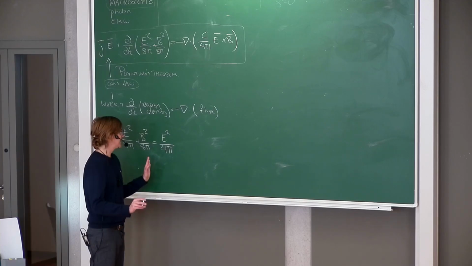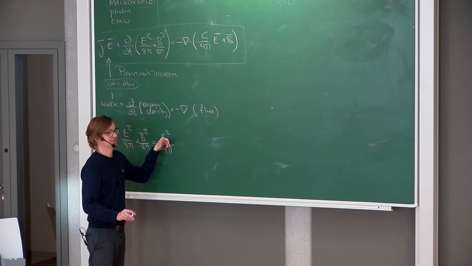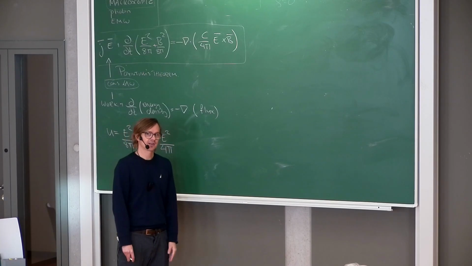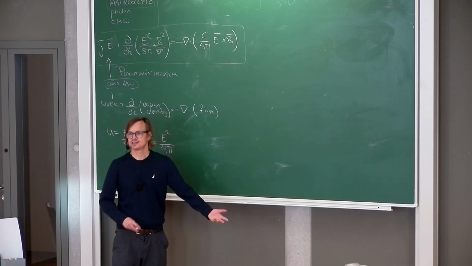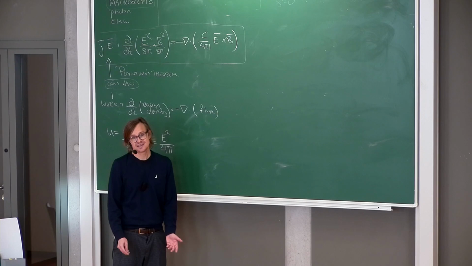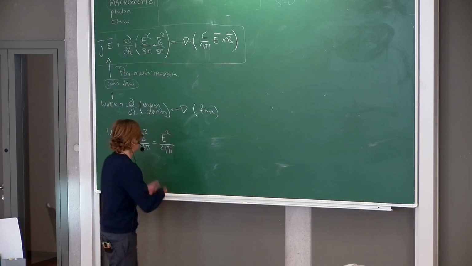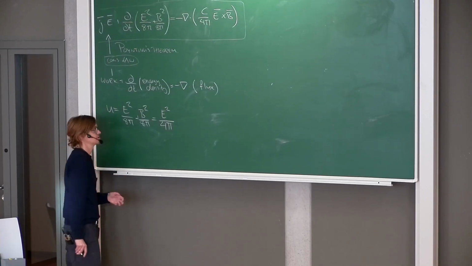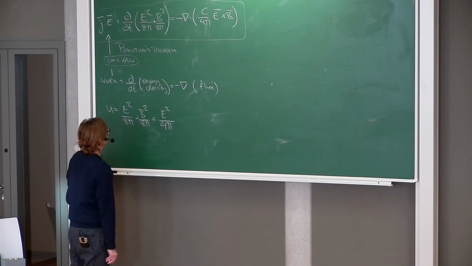Now, here, big E is the electromagnetic field, and little u is our energy density. This confusion in notation is, of course, very unfortunate, but it is, I should say, always clear from the context, and it's just how it is standardly used. So I also follow that here.